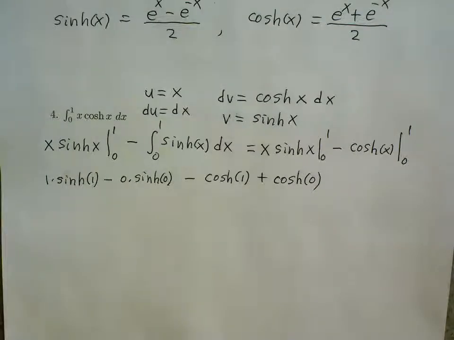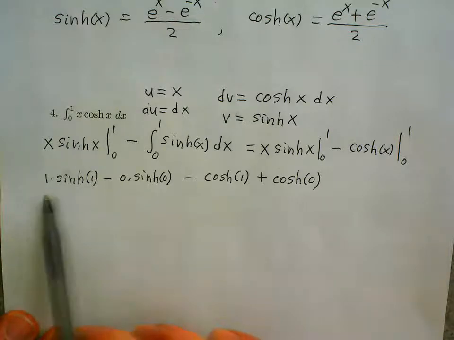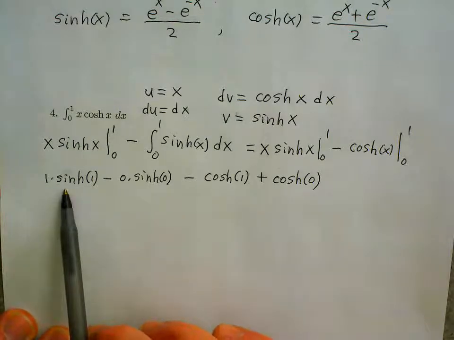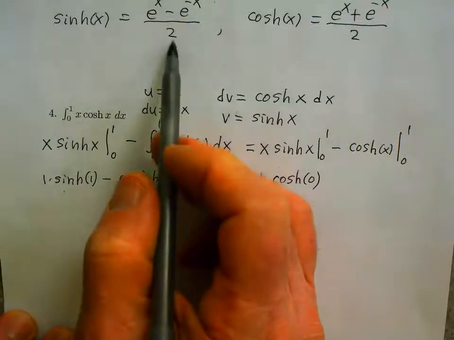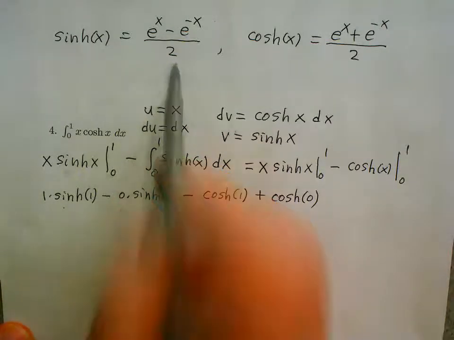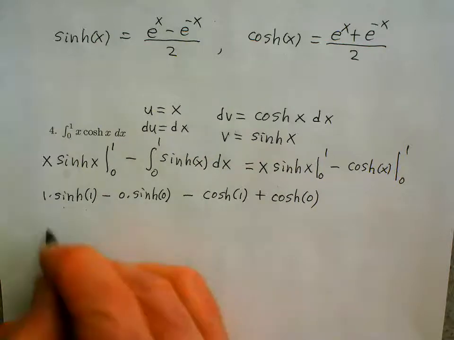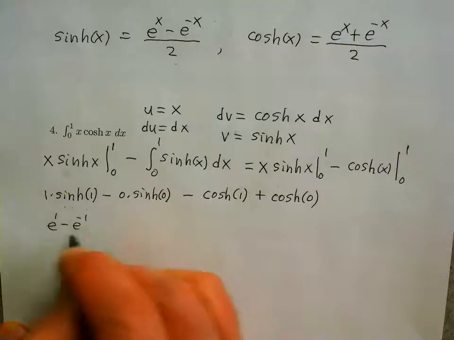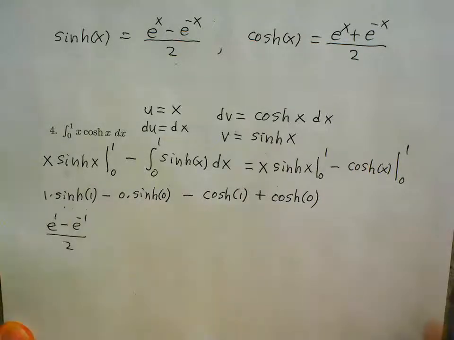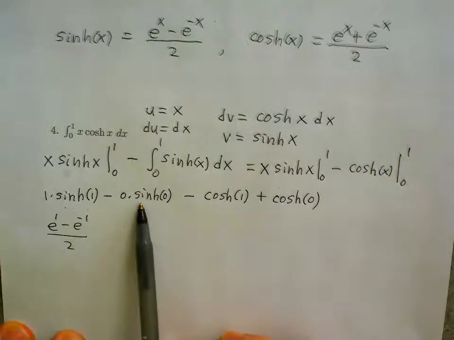So let's simplify a little bit more. So 1 times hyperbolic sine of 1, we'll use the definitions up here. So hyperbolic sine of 1 is e to the first minus e to the negative 1 over 2. The next term is 0.